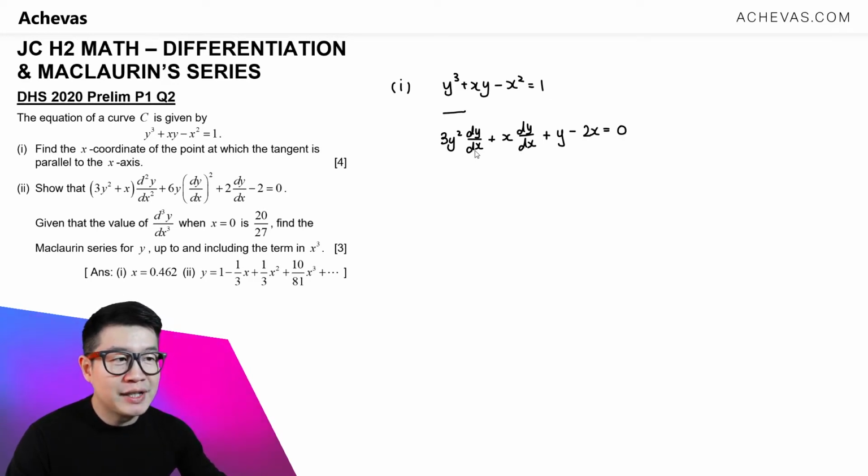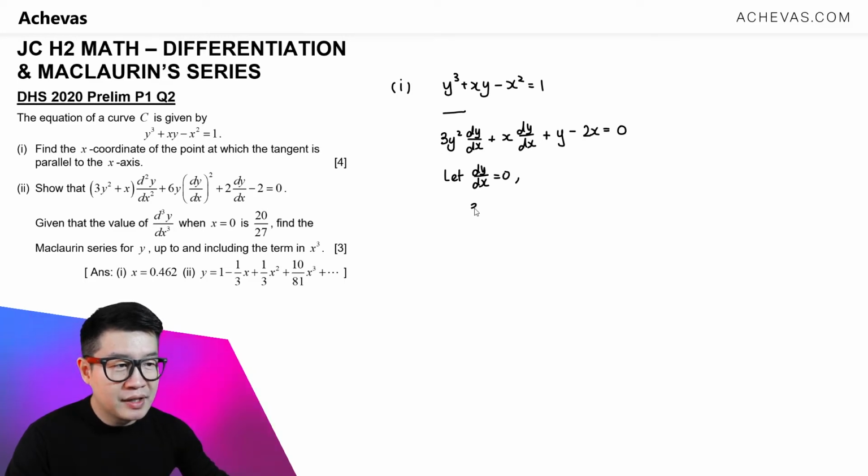And now we have an equation that involves dy/dx. At the place where the tangent is parallel to the x-axis, dy/dx is equal to 0. So we are going to let dy/dx be equal to 0 for this equation.